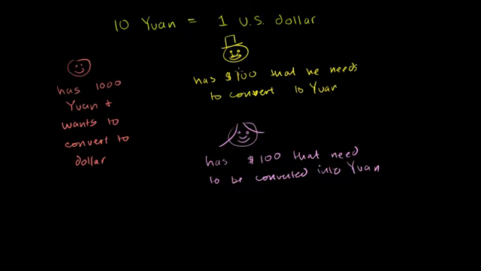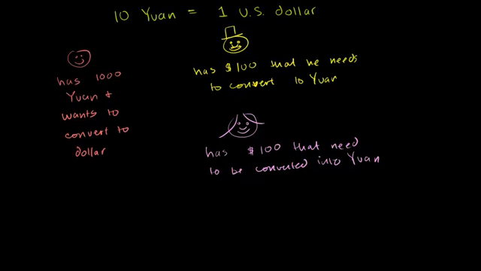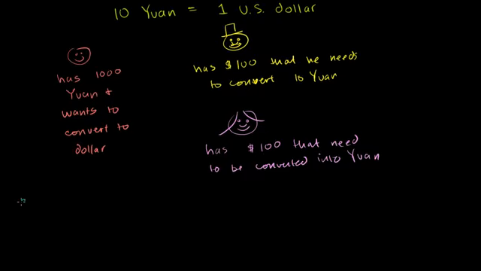Well, if you look at the whole market, you have $200 that need to be converted into yuan. So let me write this down. We have a situation where $200 need to be converted into yuan. And then on the other side of that transaction, we have 1,000 yuan that need to be converted into dollars.